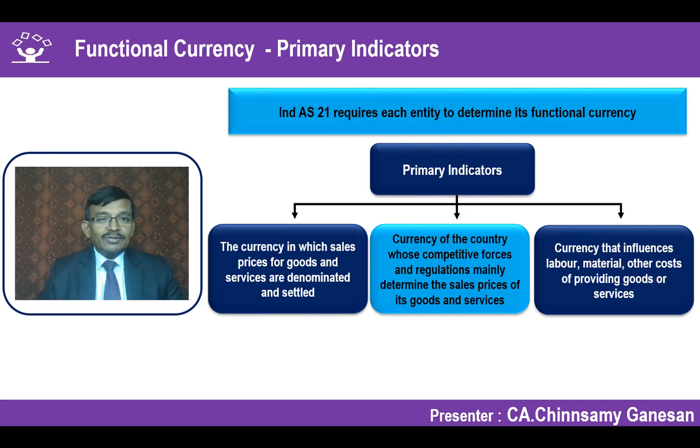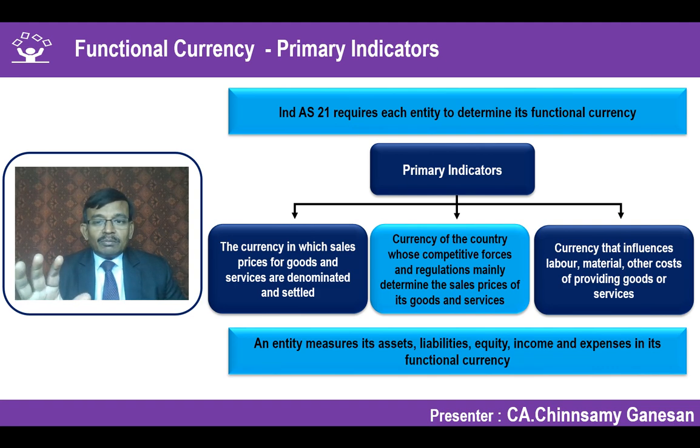So the currency which influences the majority of my cost of goods and of providing the goods and services is the third primary indicator, either based on the selling price, or based on the regulation, or based on the cost incurred. We have to consider the primary indicator.